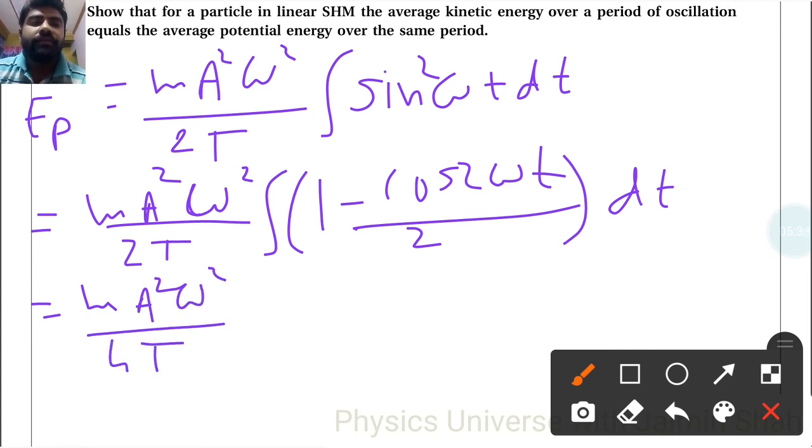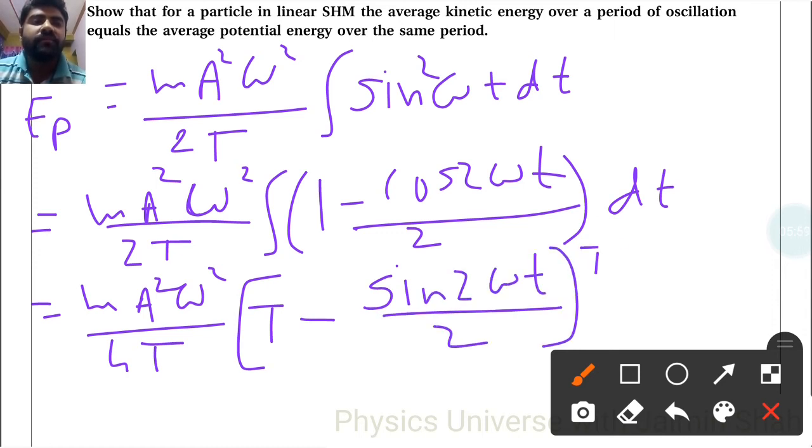Now the integration of 1 dt is T, minus the integration of cos, which becomes sin 2 omega t by 2. Again the same things with upper and lower limits: T, and omega is 2 pi upon T, so sin 4 pi becomes 0 and sin 0 becomes 0.